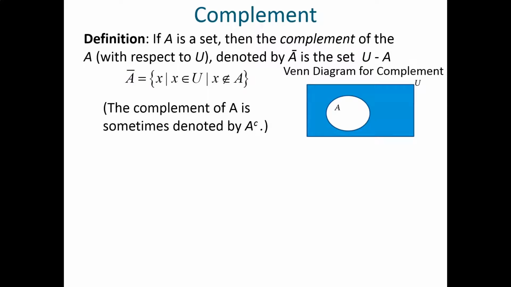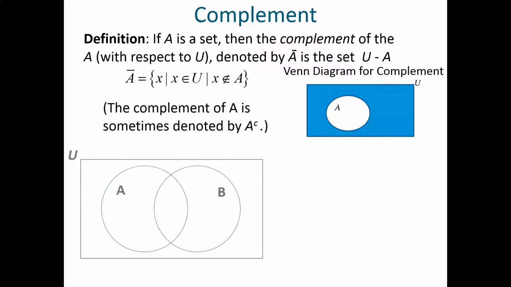So let's use that same example we've been using so far. I have my domain, my universal set, and two sets, set A and set B, and set A has the elements 1, 2, 3, set B has the elements 3, 4, 5, and outside of set A and set B I have 6, 8, 9. And what would be the complement of set A?